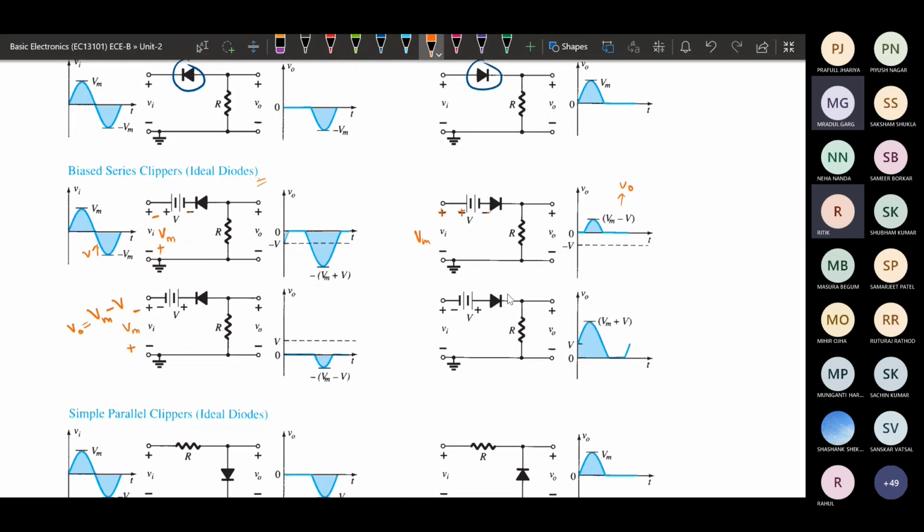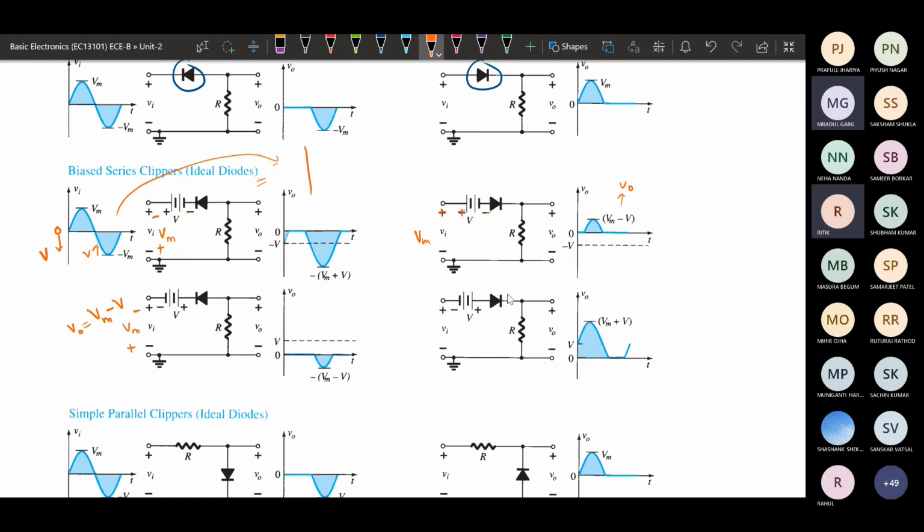That means you can just see, we have just added an extra DC, and once we add the extra DC, then we are clipping. You can intuitively know this. So this was the input waveform. It is a positive clipper, that means in the negative direction it will be in the same direction. So we are just increasing its DC value; the DC value is 0, now we are changing the DC value to a negative value. So we will shift this waveform to the negative side with V direction.